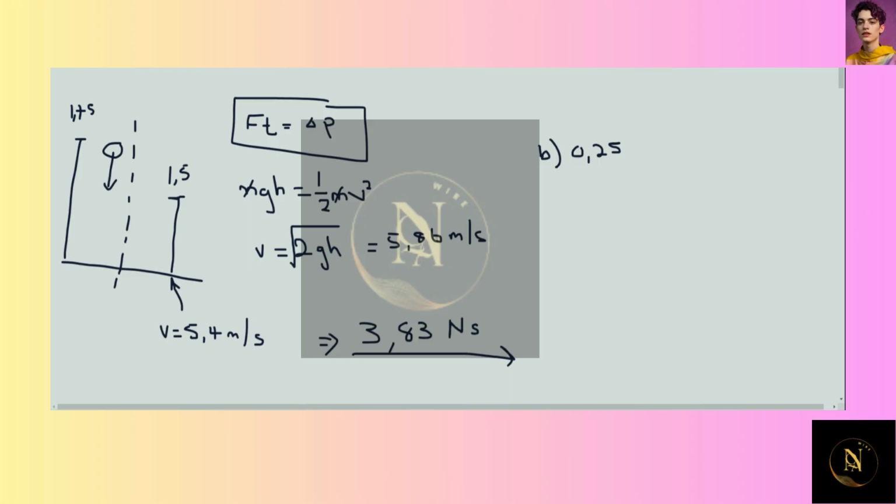Then the force is just the impulse over the time, which gives us 3.83 divided by 0.25, which is around 13.5 newtons or so. This answer just depends on what you estimate for the time of this collision.